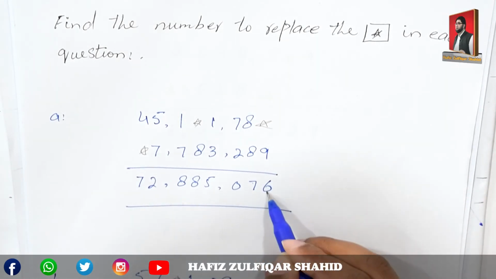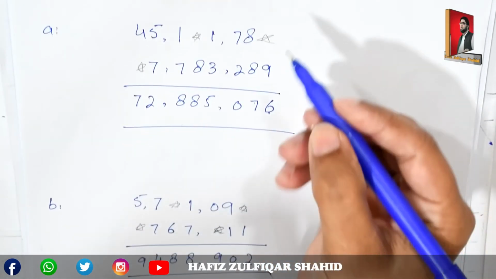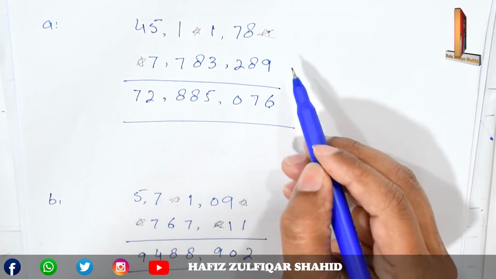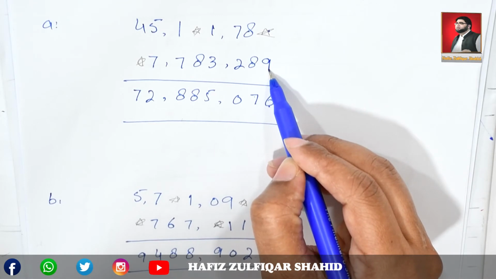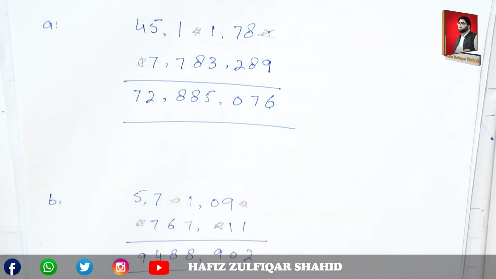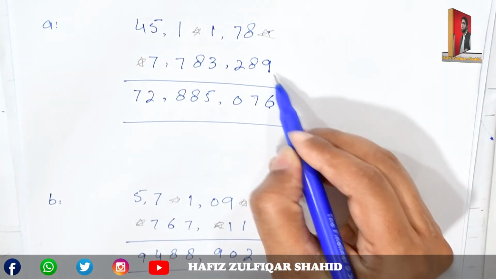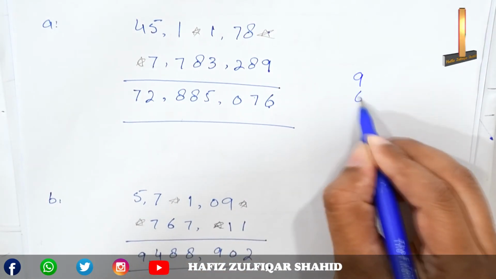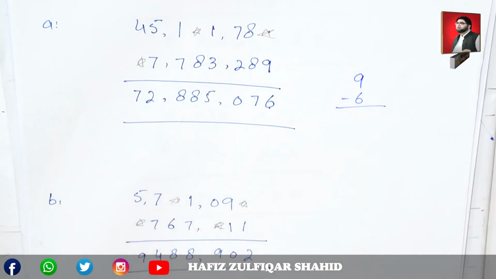See, we have 6 in answer. First digit is missing and second one we have 9, but answer is 6. How we get answer 6? Easy way is minus 6 from 9. I told you the reverse method, so the reverse of addition is subtraction.